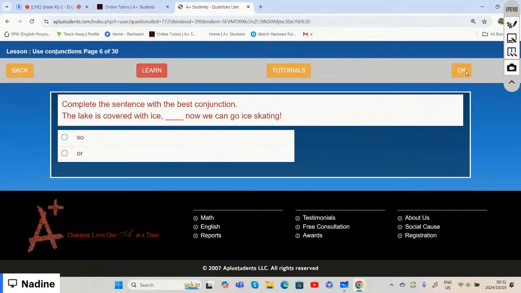All right. So the last one we would say the lake is covered with ice. Do we say so now it is time for us to go ice skating, or do we say or now we can go ice skating? Which one is correct?